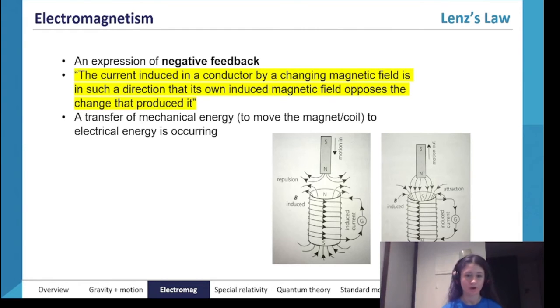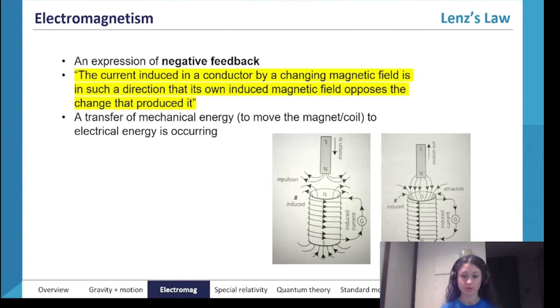I was trying to generate this current using my own magnetic field, and then the current that I was inducing was like, I refuse this. I refuse this magnetic field that you're introducing. It was being petty.